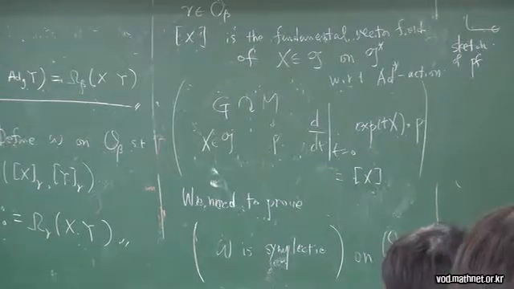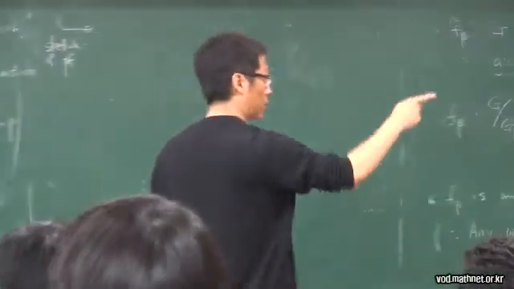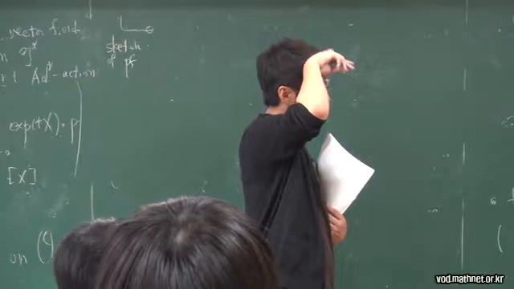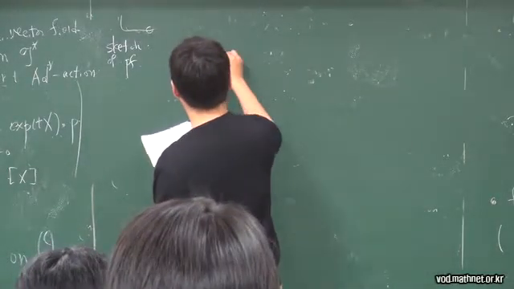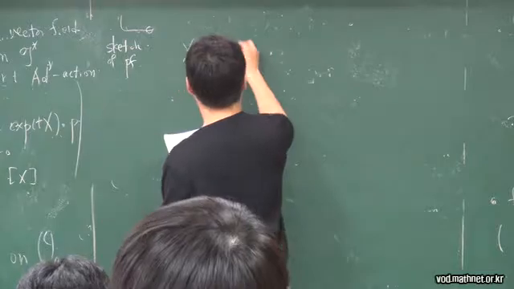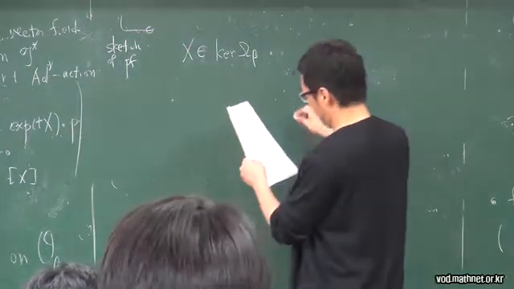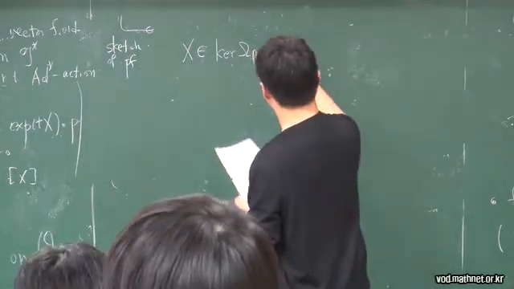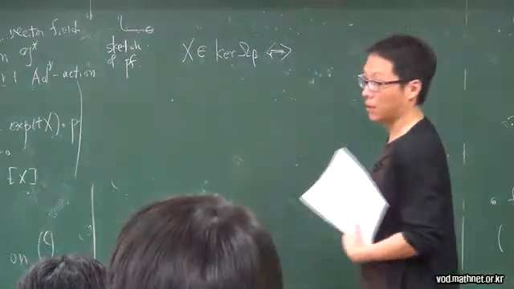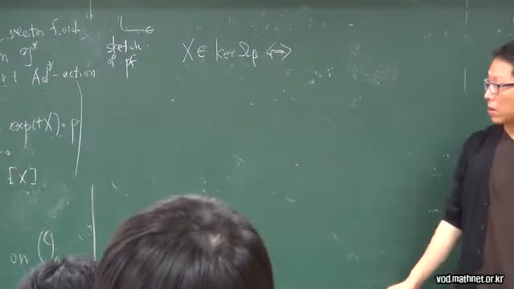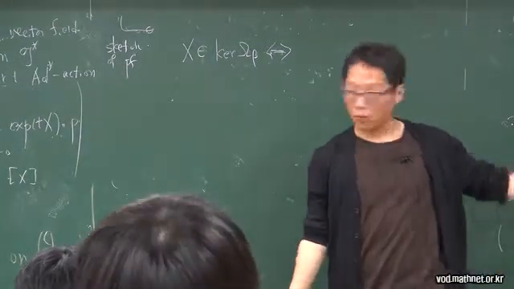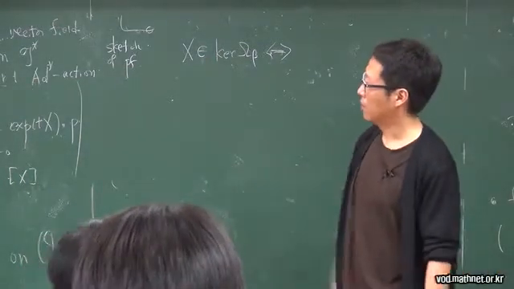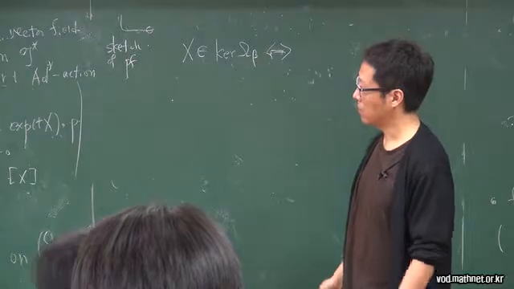The skew symmetry is obvious. For step 1, the skew symmetry is obvious, and let's compute the kernel. X is in the kernel of omega beta if and only if, by definition, beta of the Lie bracket of X and Y equals 0 for every Y. Are you proving this omega? Yes. If we prove step 1 and step 2, we get a symplectic structure on the orbit.